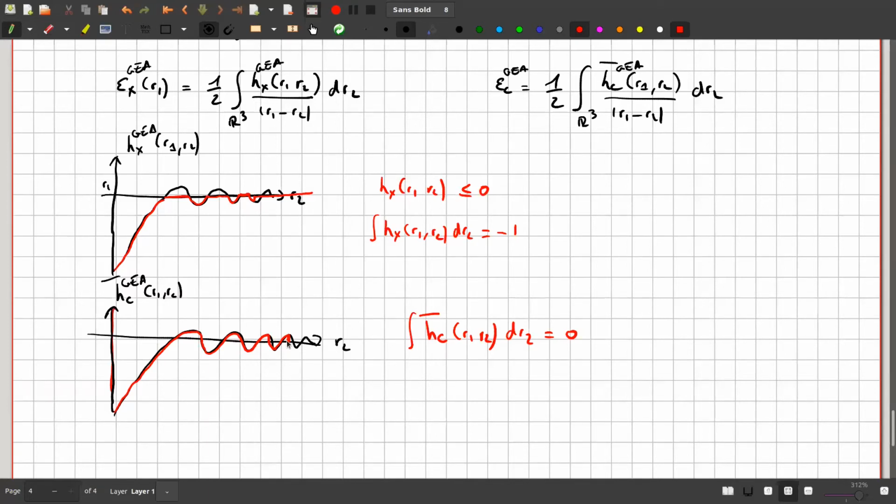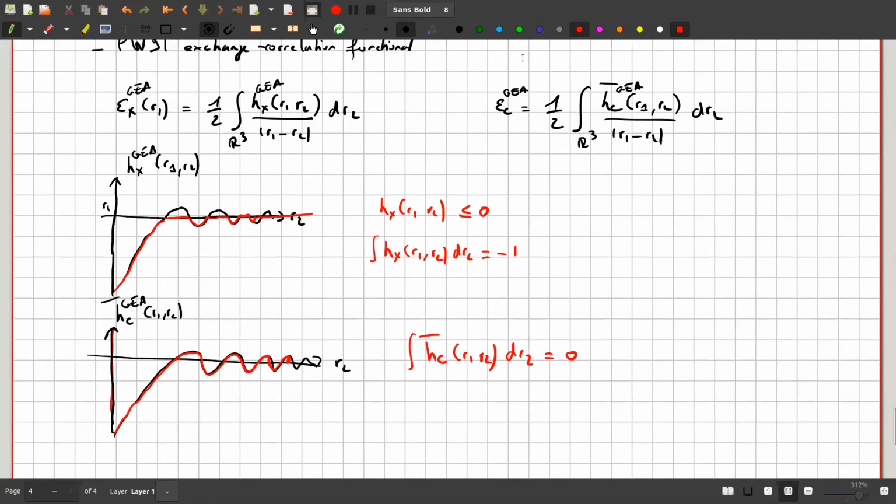Okay. And if you do that, and then you do the integration in this expression, you obtain a correlation energy per particle numerically. And then once you have this numerical expression, you can fit it to some analytical functions of the density and the gradient of the density that fulfill some exact constraints.